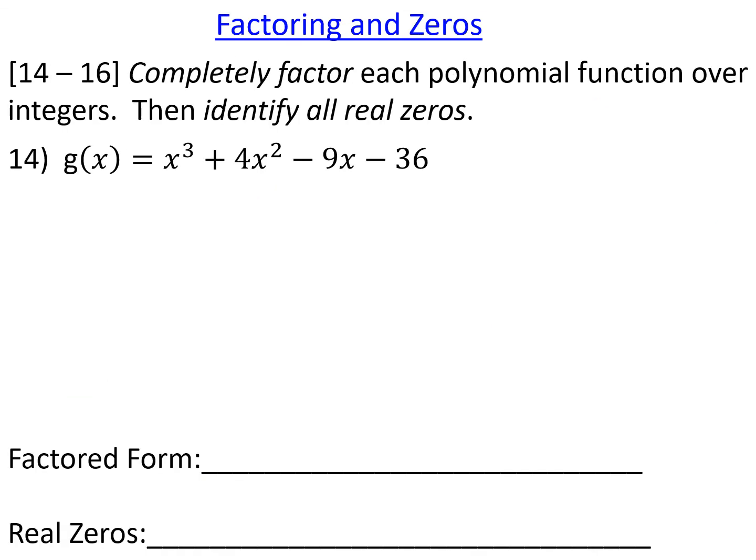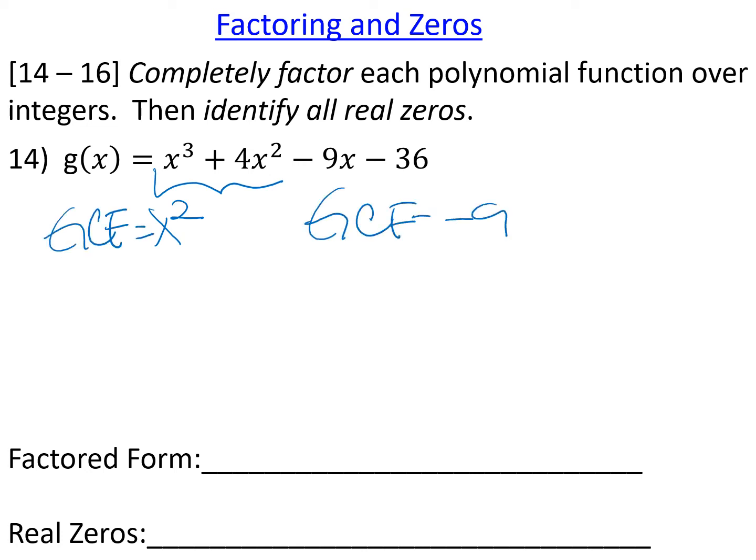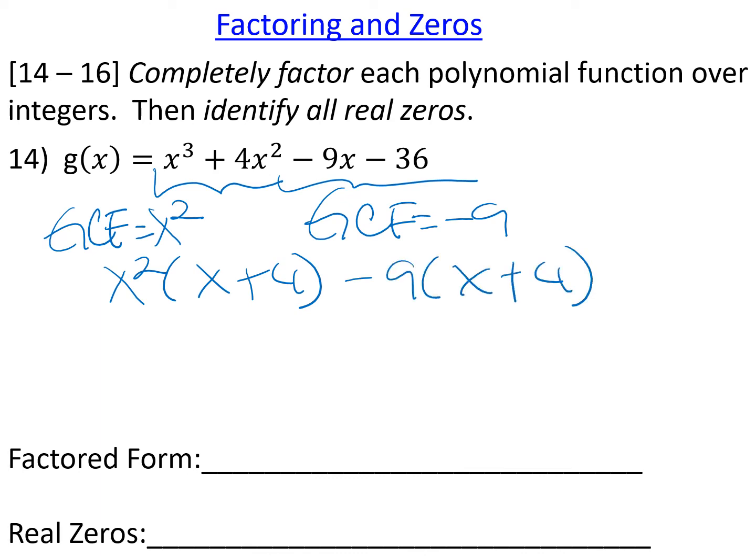Okay. Oh, I guess I have to try that again. So GCF on this one is x squared. GCF on this one is -9. So I'm going to have x squared times (x plus 4) minus 9 times (x plus 4).